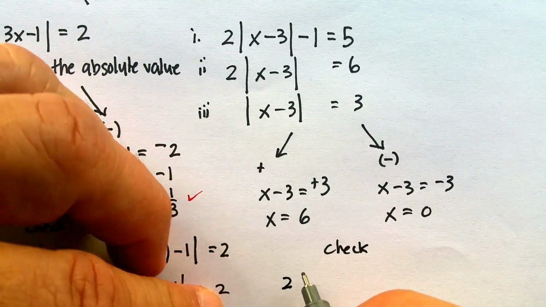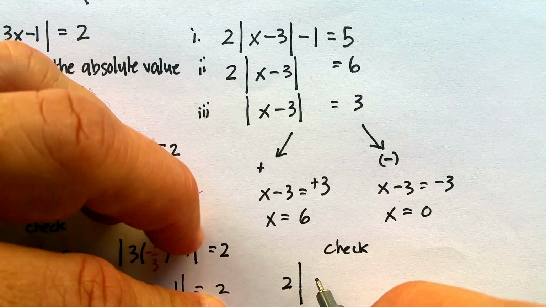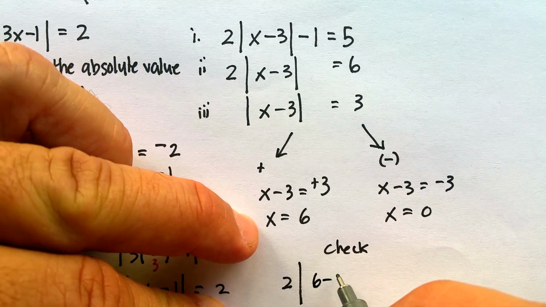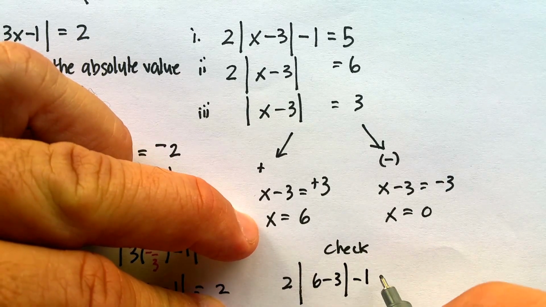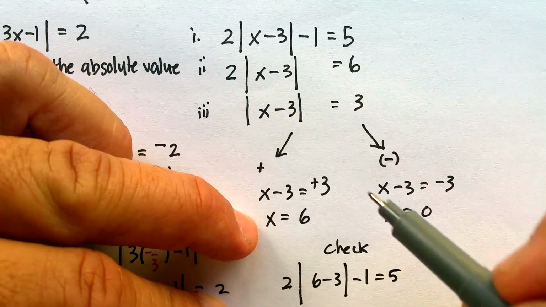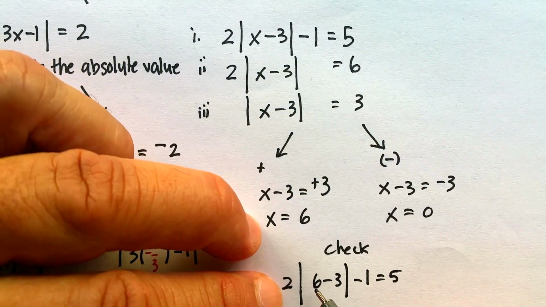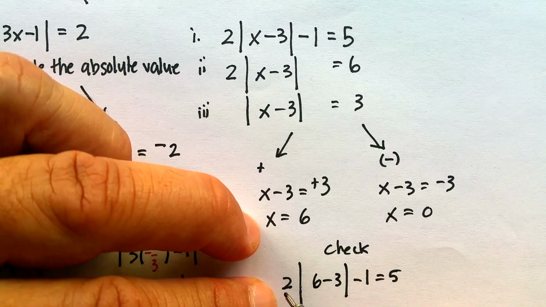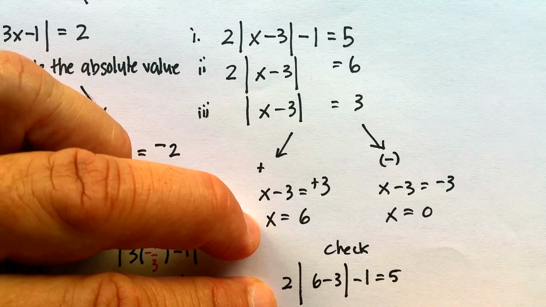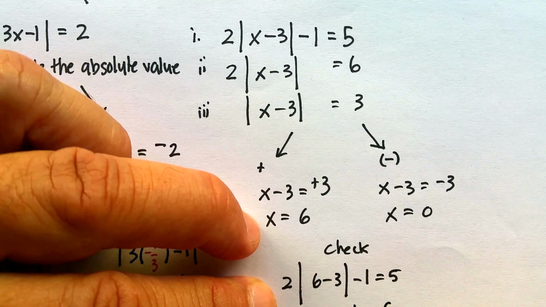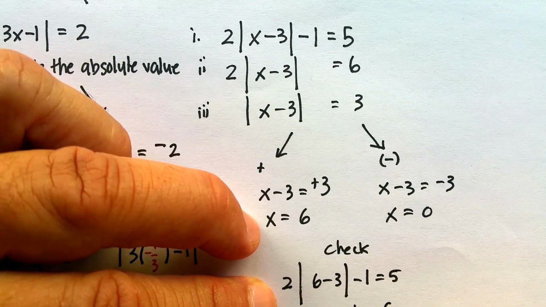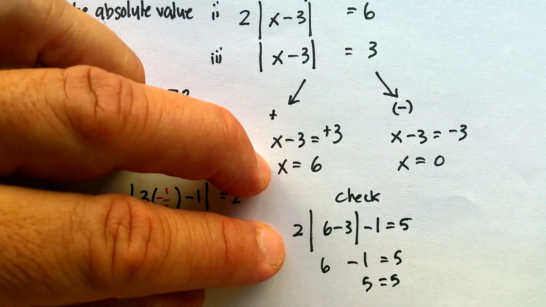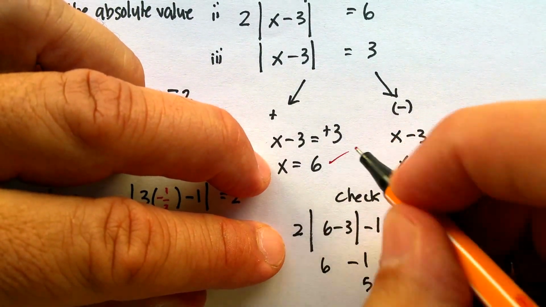So I'm going to get 2 times the absolute value of 6 minus 3, minus 1 is equal to 5. This is the first one. Let's see if that works. 6 minus 3 is 3. Absolute value of 3 is 3. 2 times 3 is 6. Minus 1 is 5. And indeed, 5 is equal to 5. So we know that 6 works.